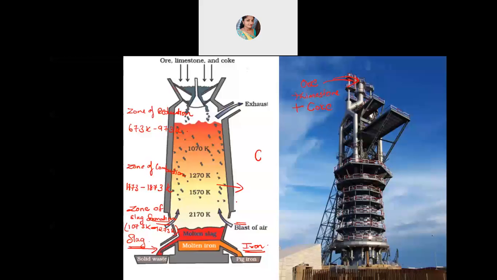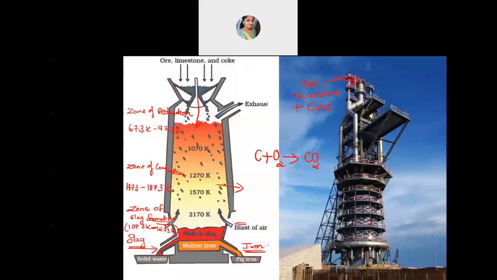So your carbon will start reacting with this oxygen. When they react with oxygen, initially carbon dioxide will be formed. So the first thing that happens is the formation of carbon dioxide.